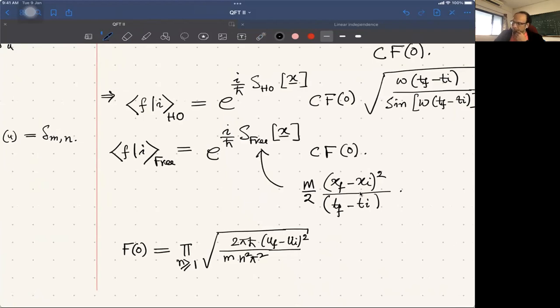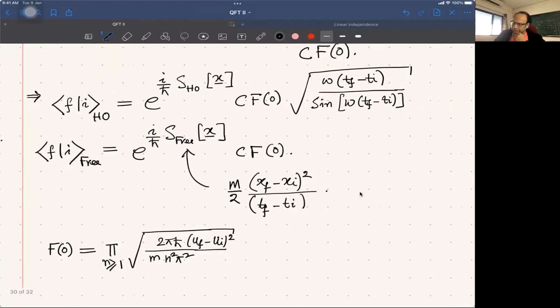So that is going to be the product over n greater than or equal to 1 of the square root of 2 pi h bar (tf minus ti) divided by n square pi square.